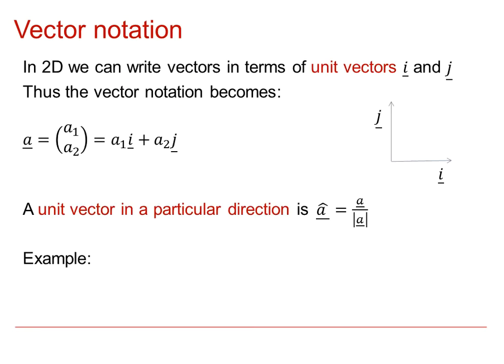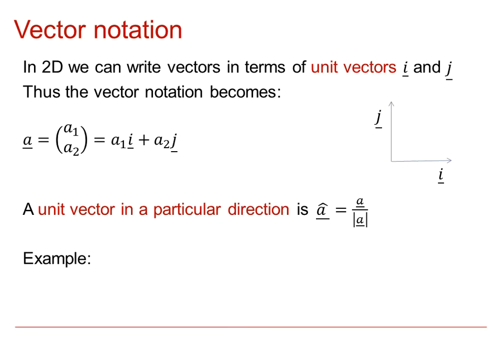I expect you are used to working with the x and y axes in 2 dimensions. However, because we're going to be moving on to 3 dimensions, let us introduce the idea that in 2 dimensions we can write vectors in terms of unit vectors, i and j, which you can see by this diagram are perpendicular.